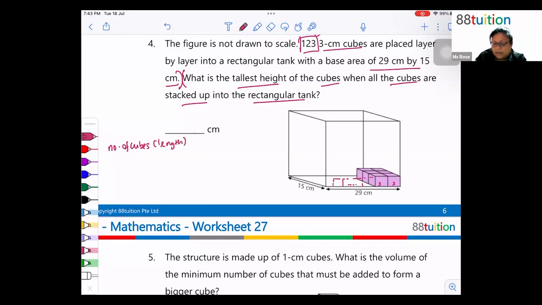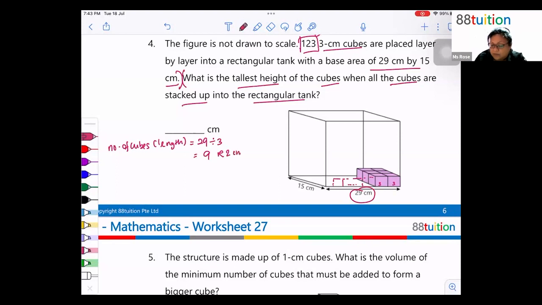Now, we have up to 29 cm, but because the length of each cube is 3 cm, I know that there must be an excess. If I take 29 divided by 3, I get 9, remainder 2.